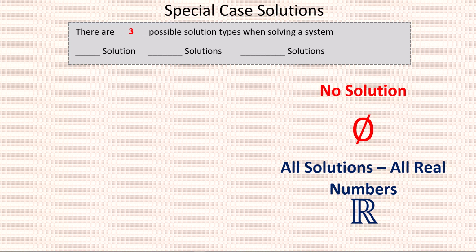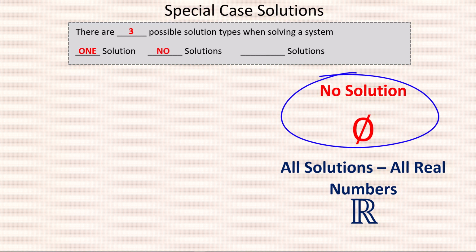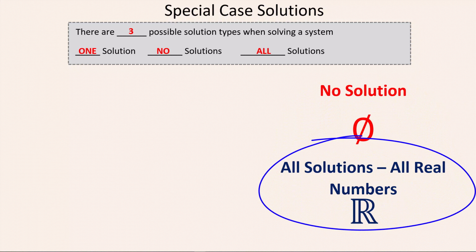Essentially, there are three possible solution types when solving a system. All the examples we've studied so far have had only one solution, one point where the two lines intersected. It is also possible to have no solutions, no points where the two lines cross, or all real numbers where the two lines have all points in common.